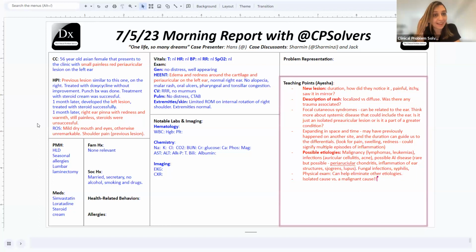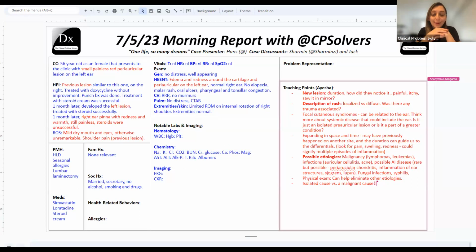I love that thinking. And I wonder, just layering on the steroid response, I think the question is, with the steroid response, were they just not related to each other? Like the relapsing remitting is the natural progression of the disease and the steroid had nothing to do with it? Or is it actually steroid responsive? A lot of the time, if I remember correctly, for relapsing polychondritis, it's usually systemic steroids.